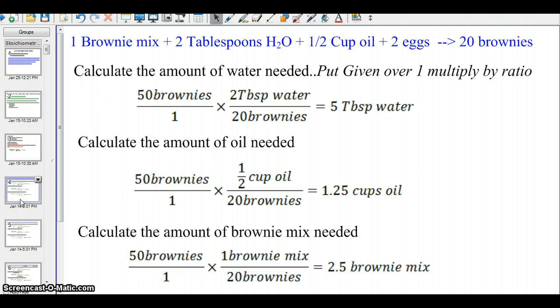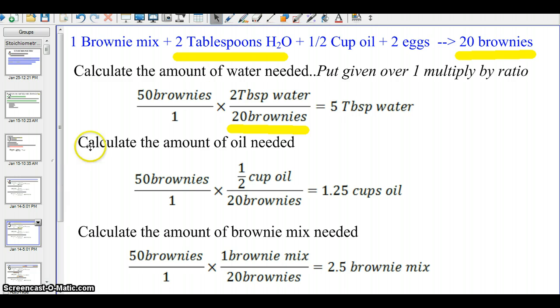So let's carry this forward to a number of other ingredients that we need to make our brownies. Notice that each time I set it up, I put the given, which is 50 brownies, over 1. But depending on what we're trying to calculate, in each case, what we multiply by will change. If we want to calculate the amount of water needed, I need to look at the relationship between brownies and water and use those proportions in my equations.